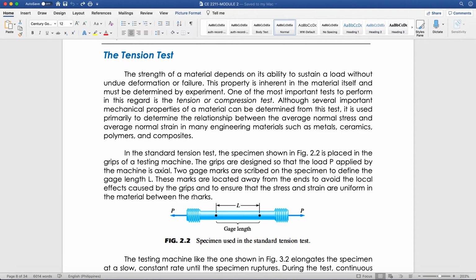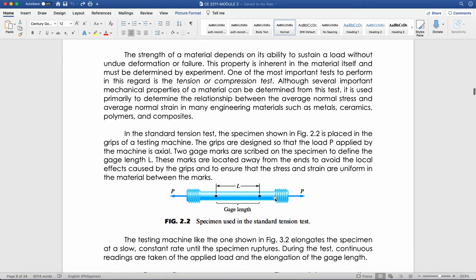Later on I will be discussing what the elastic state and the plastic state are. So what we want to know is, if we apply load on this material, at what point will this material fail? At what point will it still be in the elastic state or already in the plastic state?